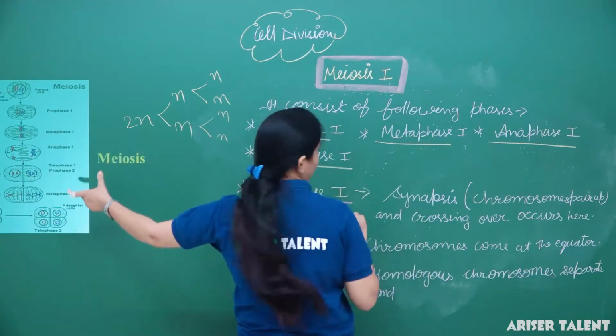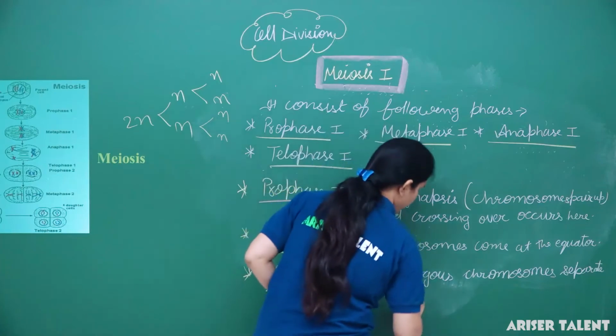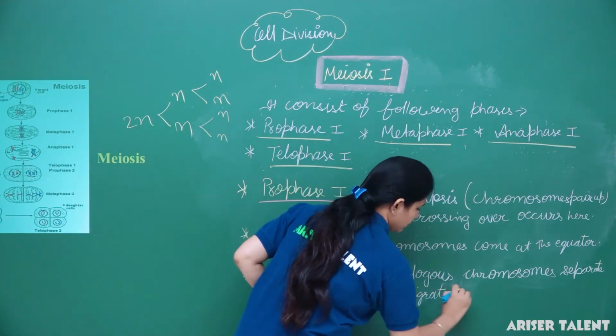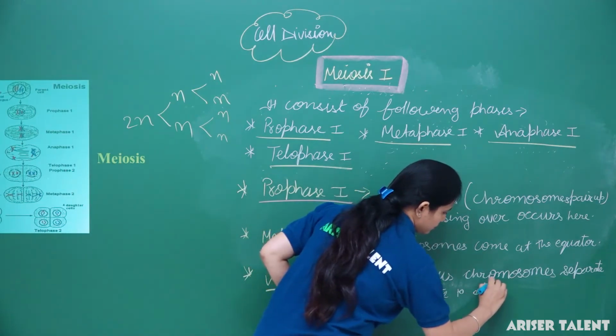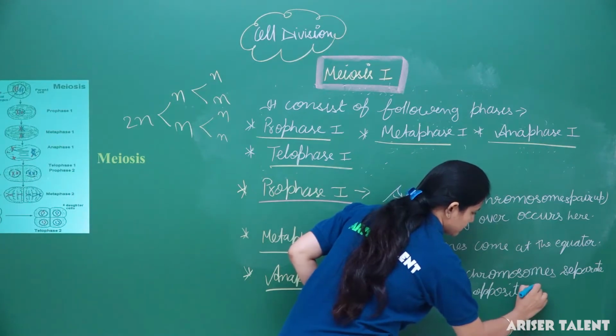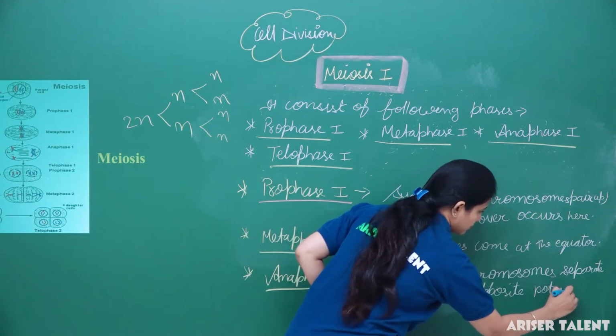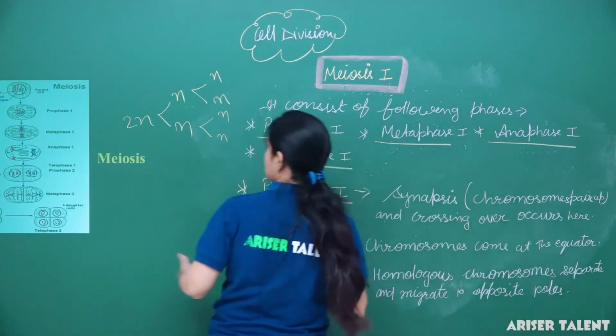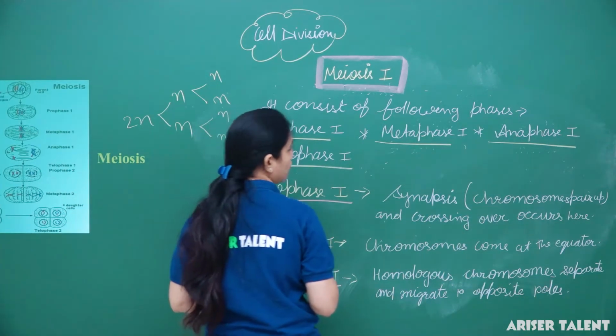Okay, they separate and migrate to opposite poles. So this is all about anaphase 1.